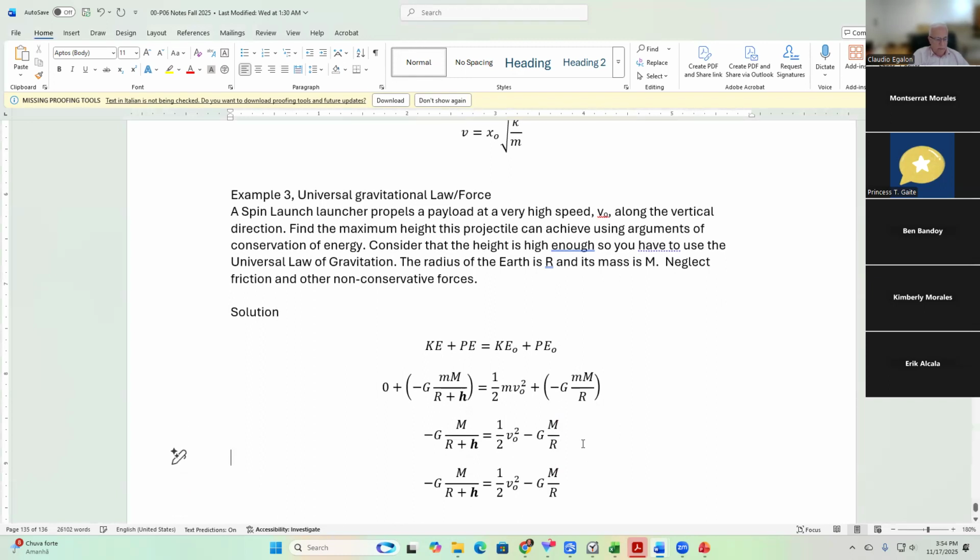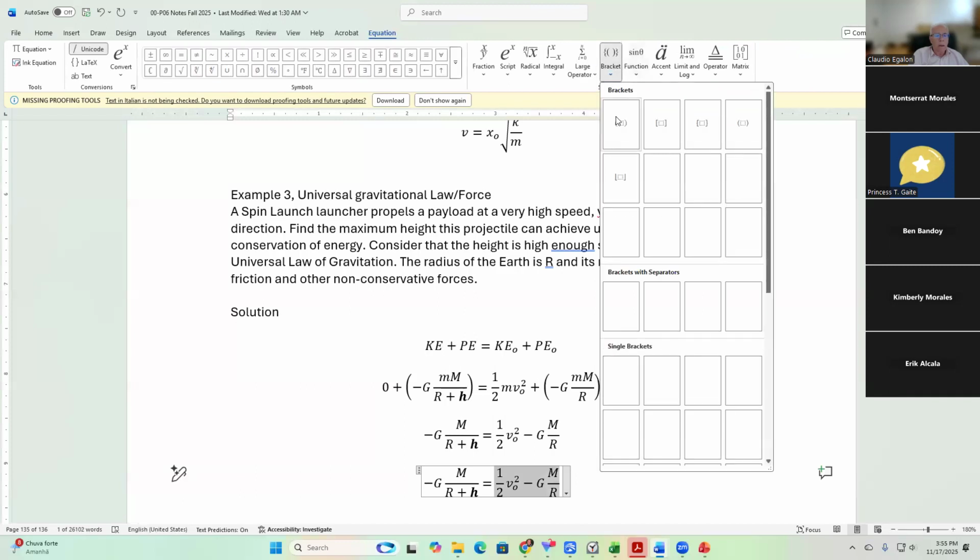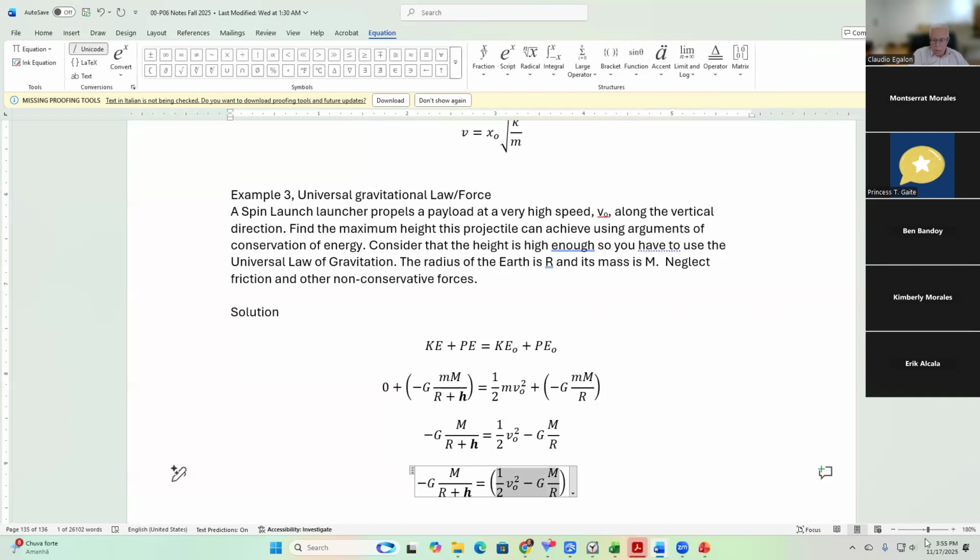Let's see how we're going to do it. We can take the inverse. That's one way of doing it. Oh, we are almost at our break, right?